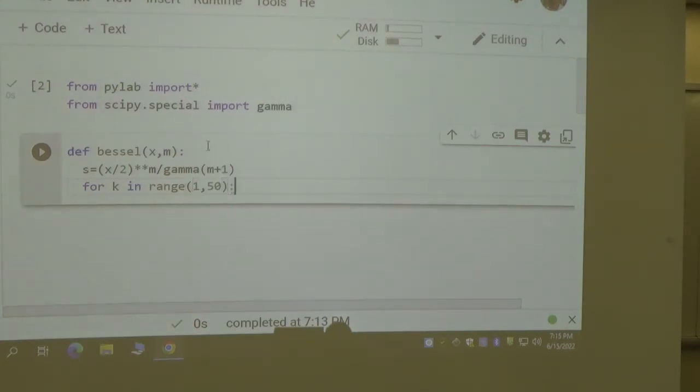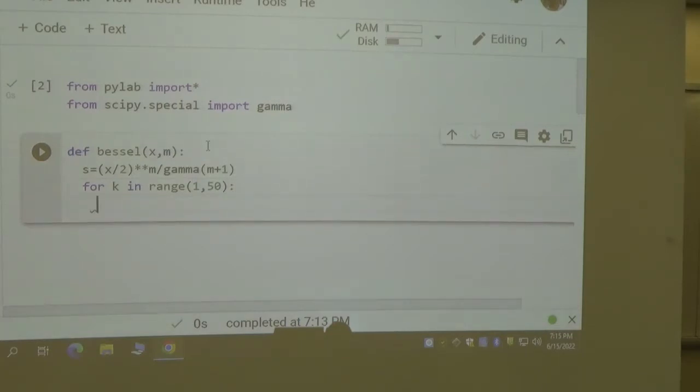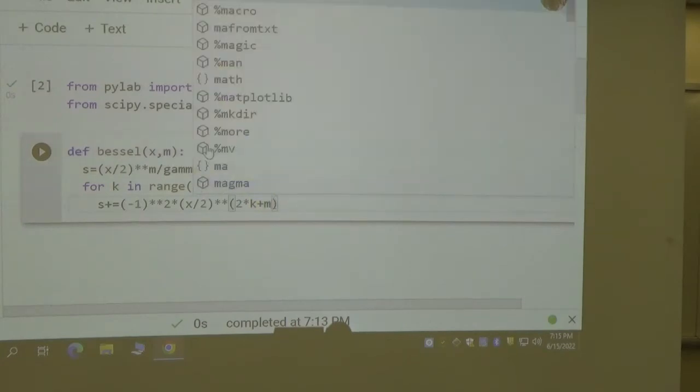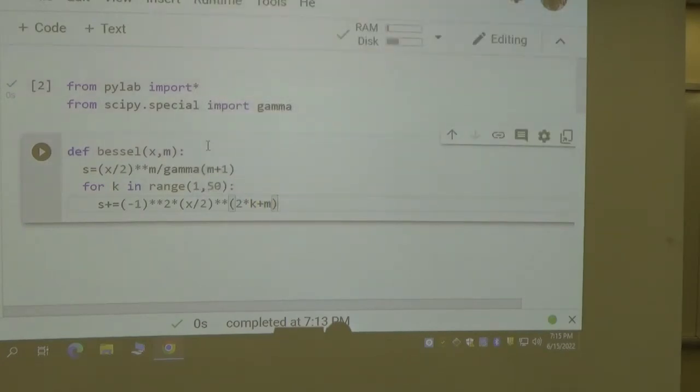So there's 50 terms, and then it's s plus equals to, first it's negative 1 to the kth power, and then you multiply by x over 2 to the power of 2k plus m, right? 2 times k plus m, that's what you need.